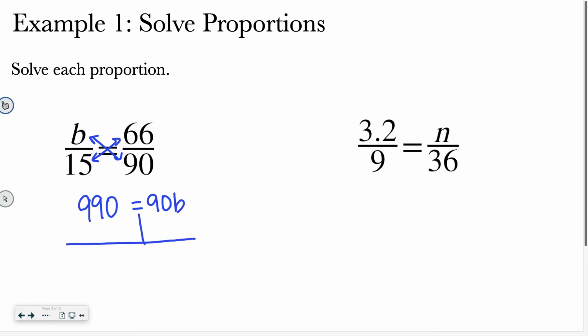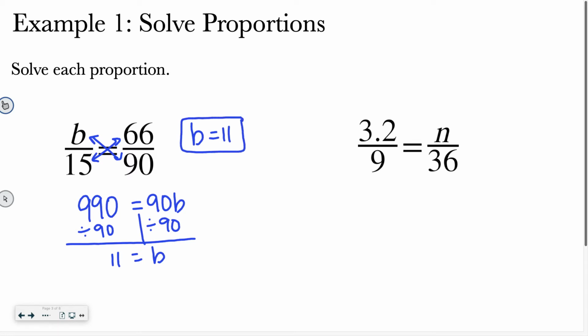Then if we solve it just like we practiced solving equations in the past, I have 90b, that's 90 times b. So to undo that multiplication, I divide both sides. So 990 divided by 90 leaves me with 11. So b equals 11.